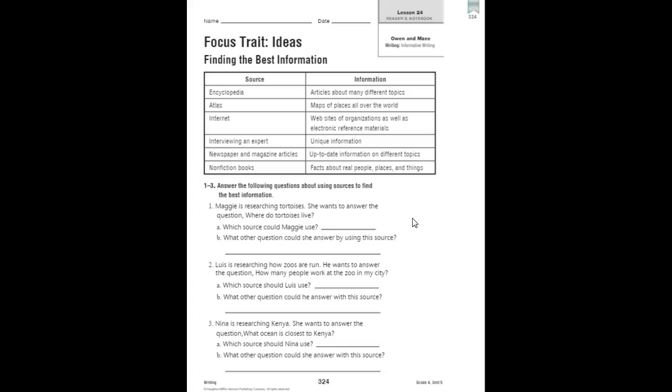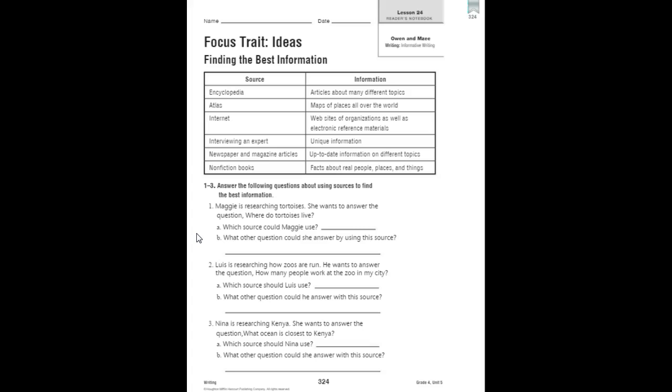So let's work on 1 through 3. It says to answer the following questions about using sources to find the best information. Maggie is researching tortoises and she wants to answer the question, where do tortoises live? Which source could Maggie use? We want to know where it lives.